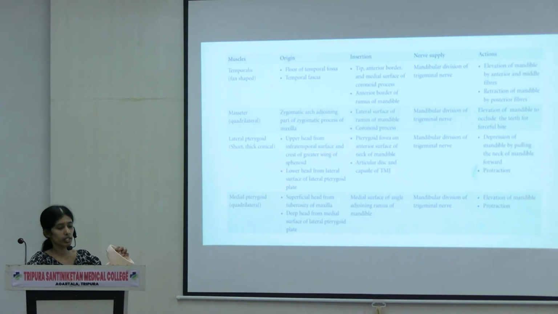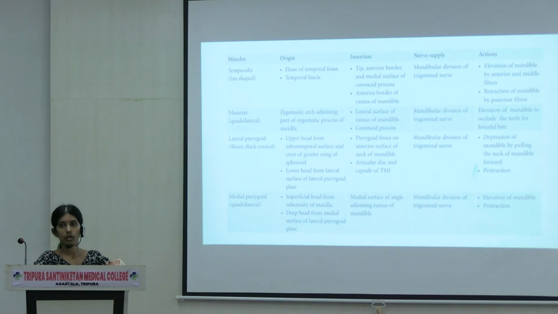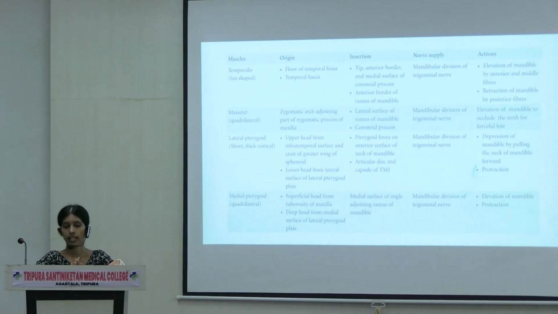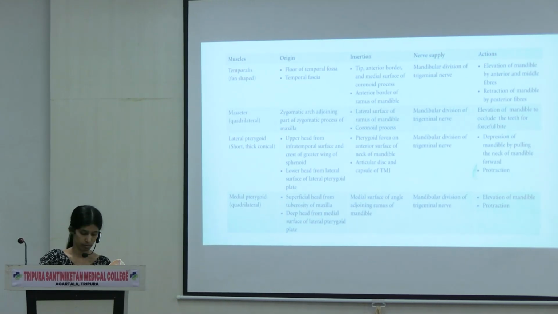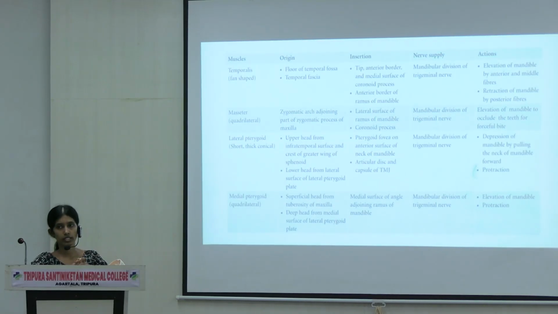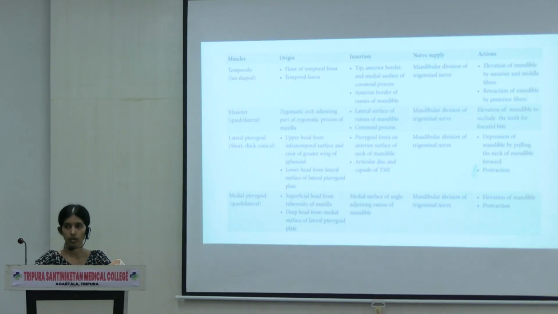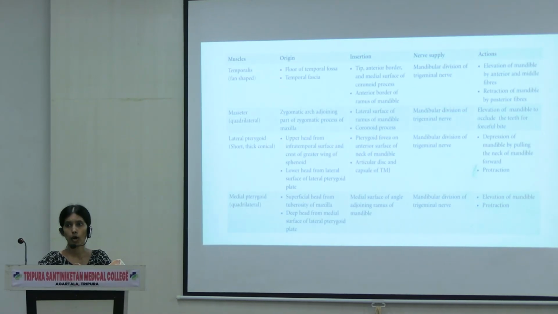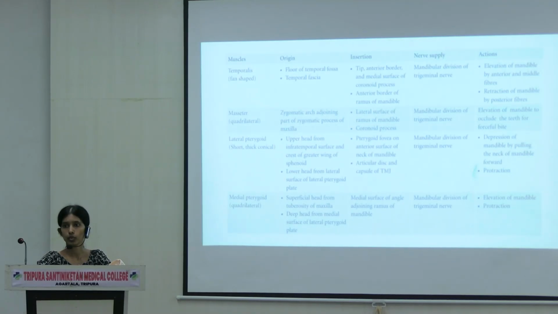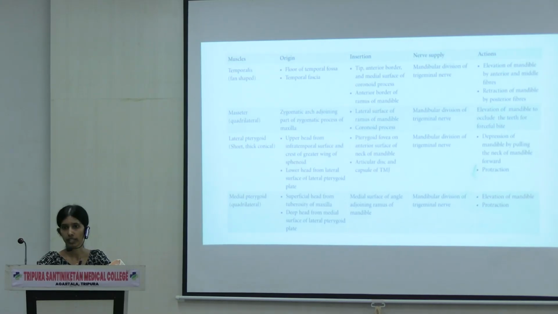So this is the tabular column for all the origin, insertion and actions of the muscles. So what have you understood by this after seeing the tabular column? For all the principal muscles, the origin points are different, but every muscle inserts into the ramus of the mandible and also the coronoid process part.